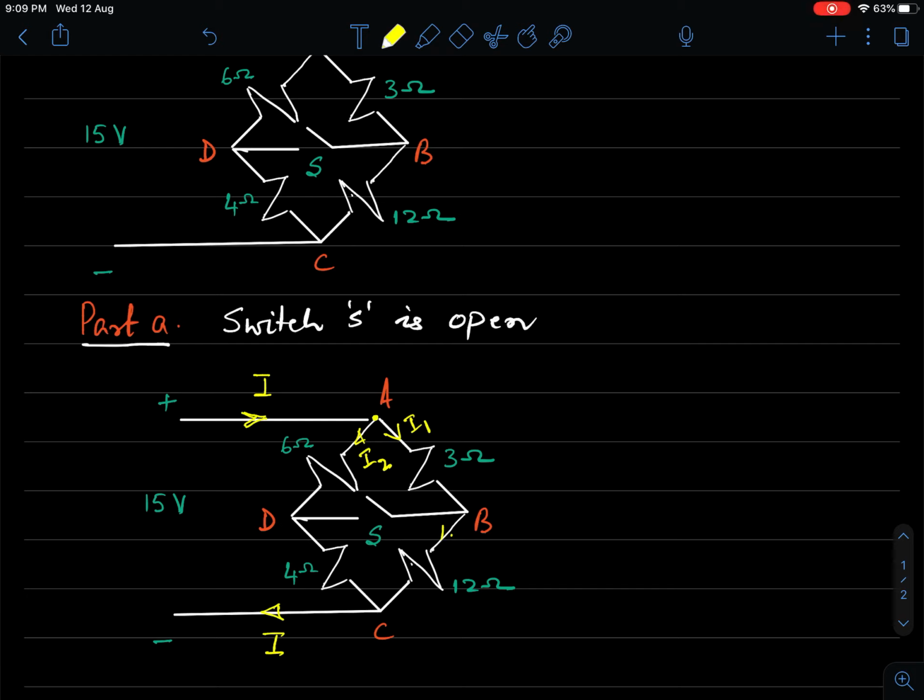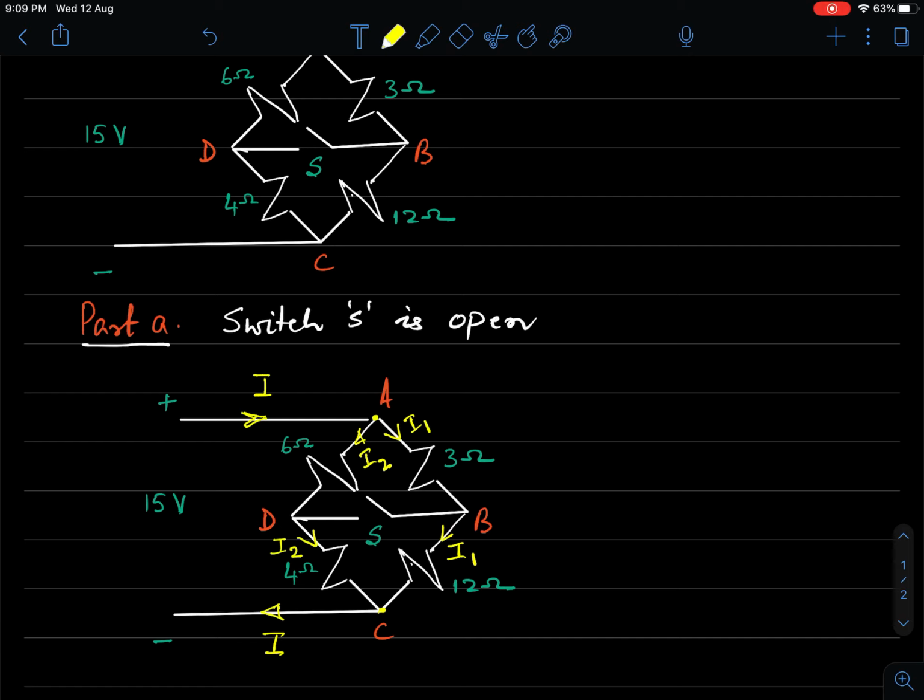So this current is also I1. Similarly, the current I2 when it comes to D will take its course via 4 ohms, and this current is now I2. And I1 and I2 combine at the junction C and go back to the supply as I amperes.